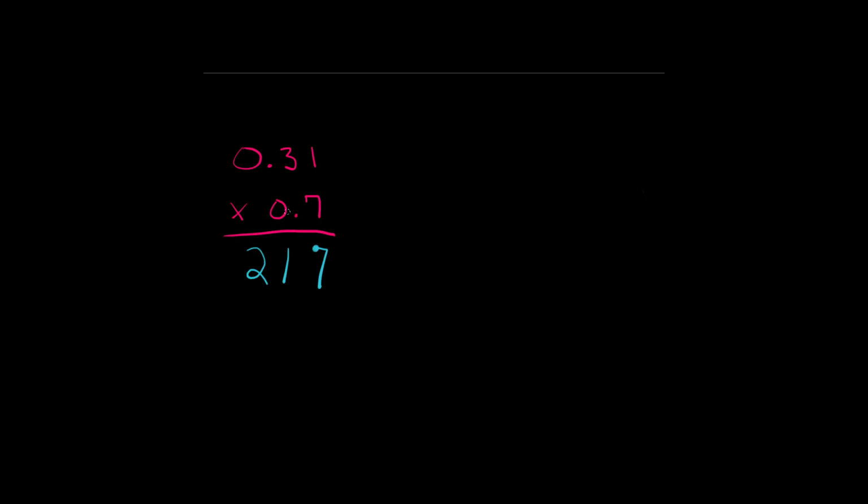We don't have to do 0 times anything, it's 0, so we're kind of finished with this problem. All right, and now I have 1, 2, 3 spots to the right of my decimal. So we're going to put our decimal there, and we're going to have 1, 2, 3 spots to the right of our decimal.